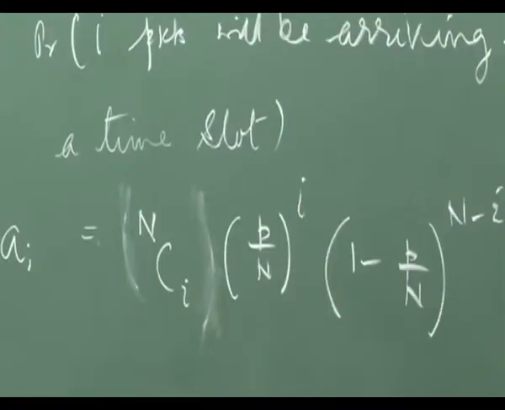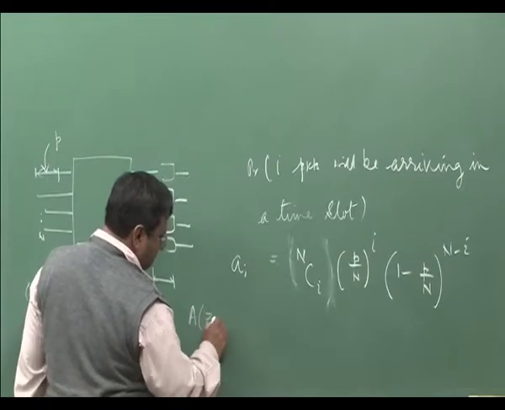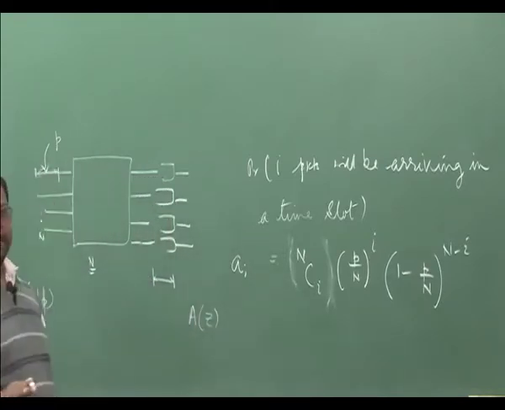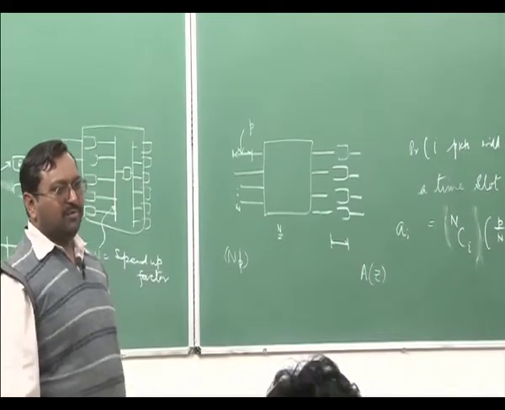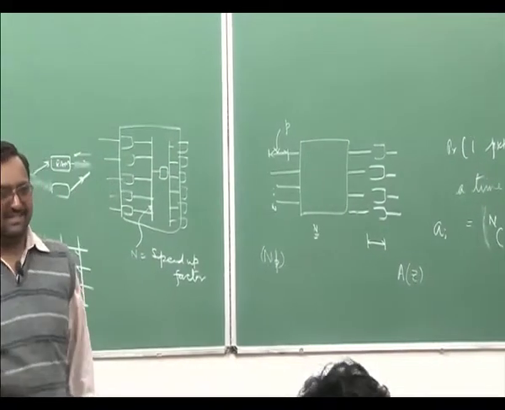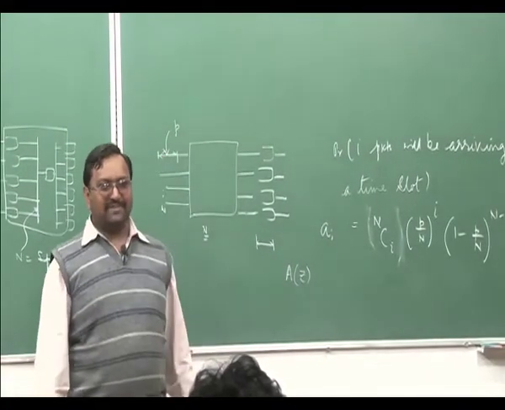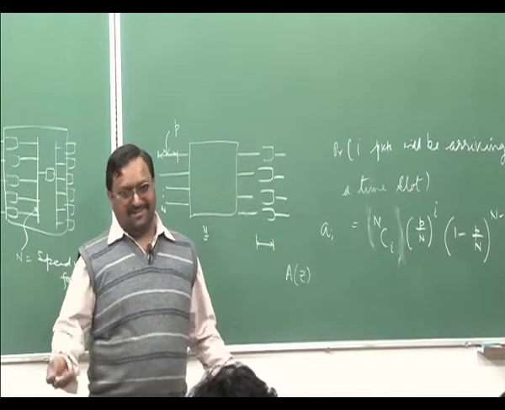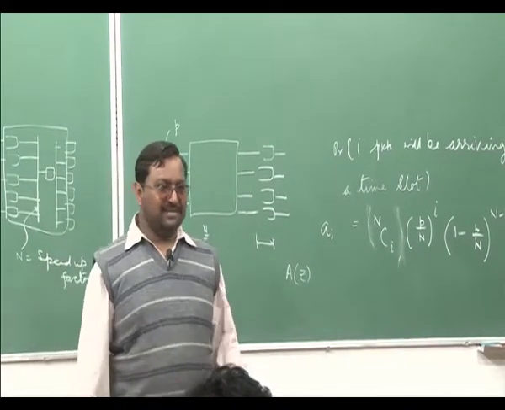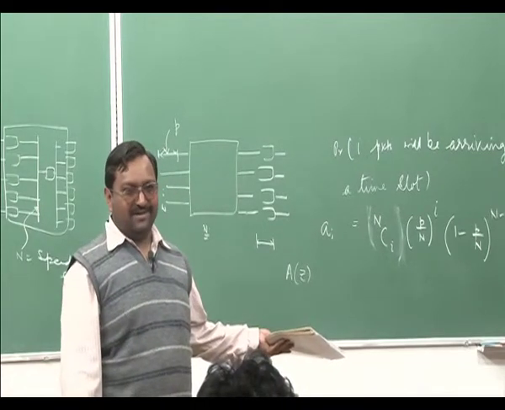From here I can find out a probability generating function A(z). I will be directly using certain results without proving them, because for those you have to refer to the probability theory for the proofs. Okay. I think each one of you understands what is a probability generating function for a discrete probability. These are discrete probabilities. i can only take discrete values 0, 1, 2, 3 to n.